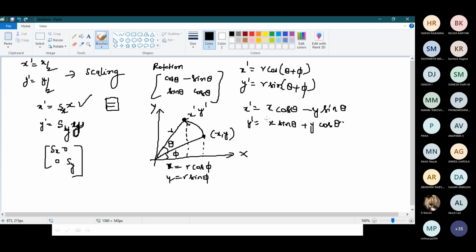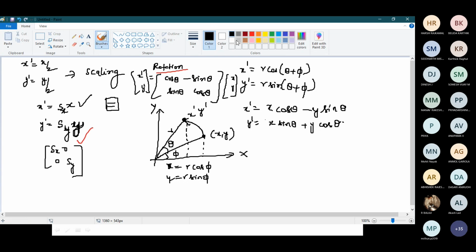Writing this in matrix form, x, y gives our rotated pixels x prime, y prime. So this is the rotation matrix, and this is the scaling matrix.